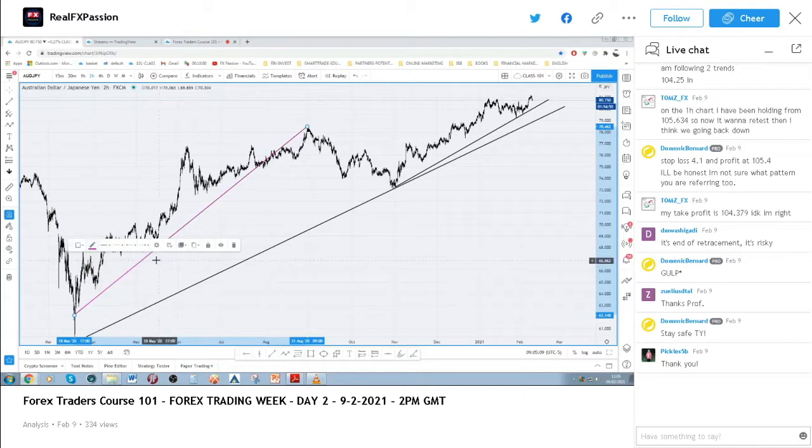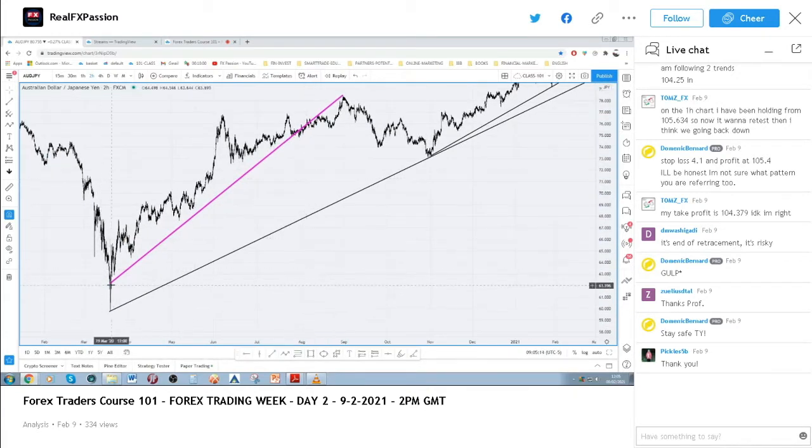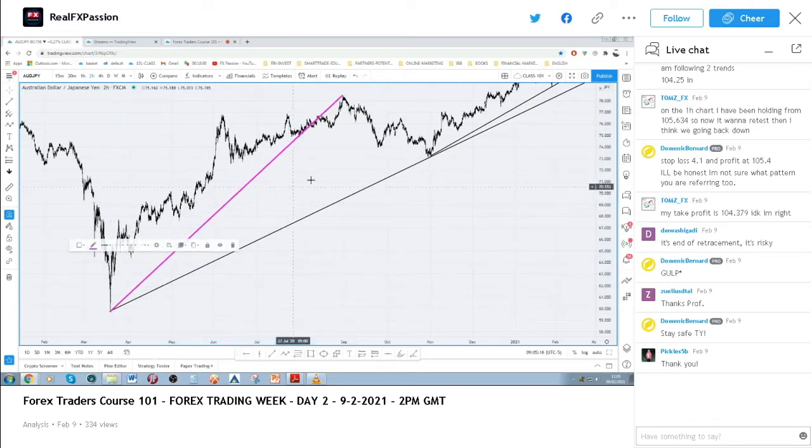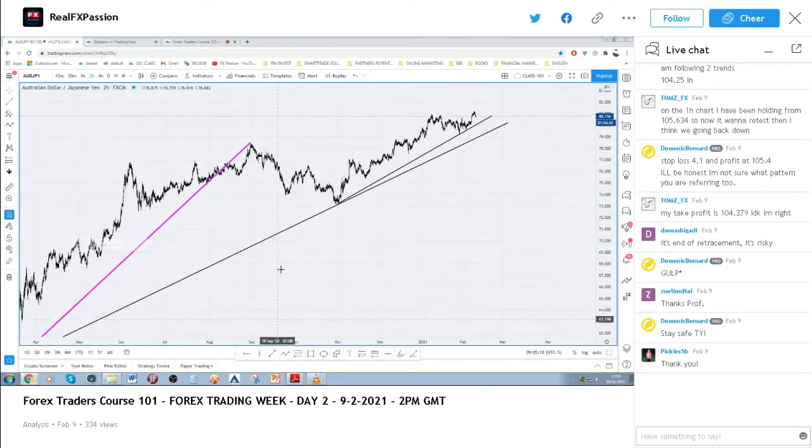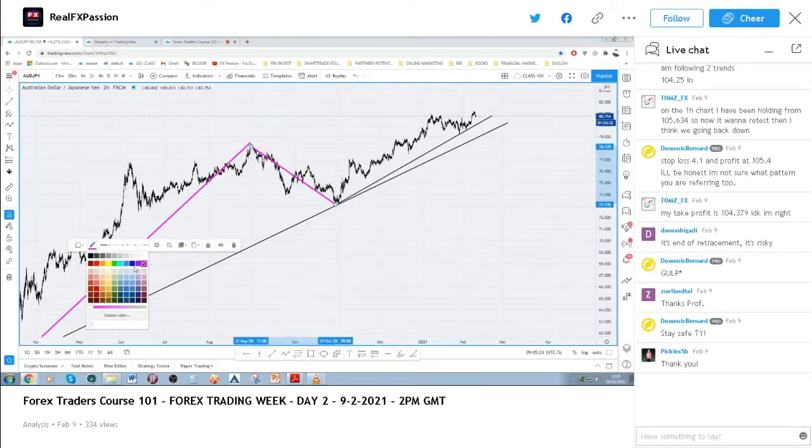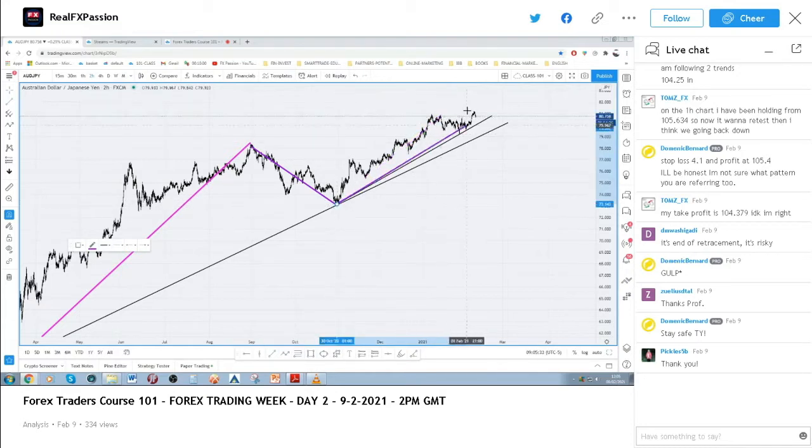So this was the first extension leg, right? Then we learned from the previous lessons, this is the retracement leg. Let's change colors. And then we have the next extension leg starting from down here up to here, right? And let's change colors, like blue.